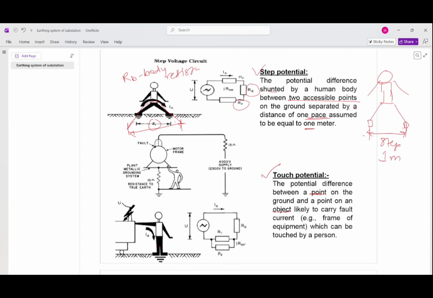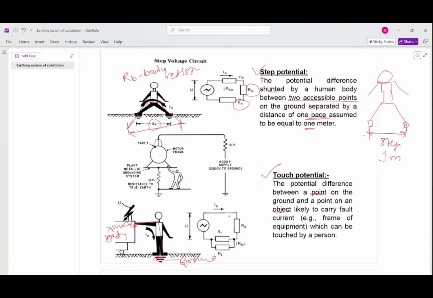on the object. So this is the first point, this is a transformer body, and the second point is the ground point. So between these two, the current path is created whenever there is a potential difference between these two points, ground point and one point on the transformer body where you have touched.